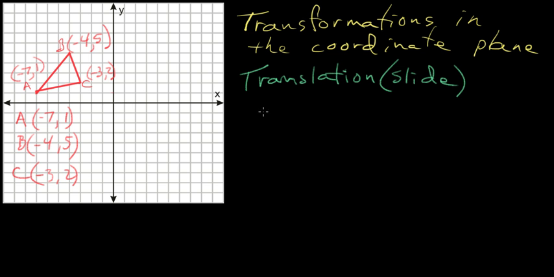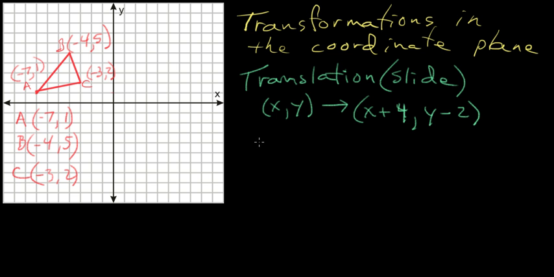I'm going to describe the transformation this way: X and Y is going to become X plus 4 and Y minus 2.